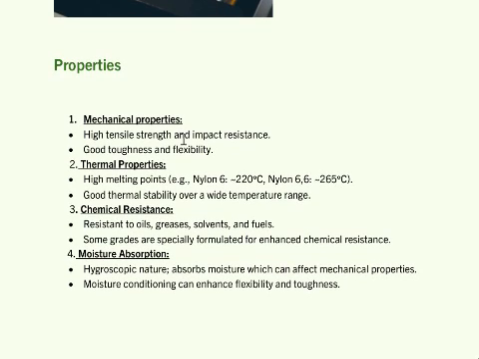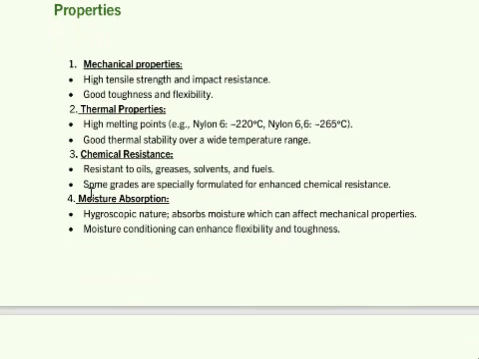The thermal properties include high melting points: nylon 6 at 220 degrees Celsius and nylon 6,6 at 265 degrees Celsius. This means these polymers can withstand any temperature up to the mentioned ones. Good thermal stability over a wide range of temperatures.